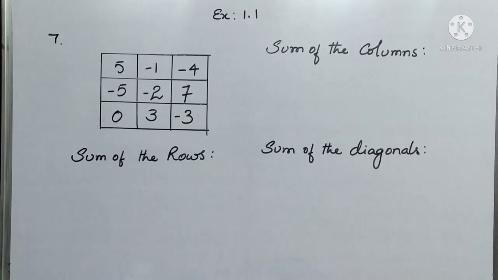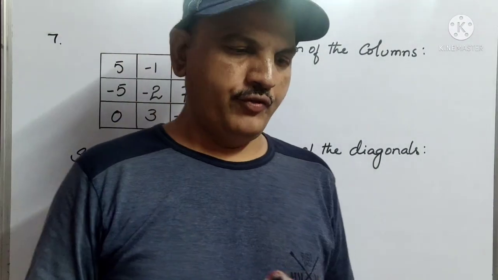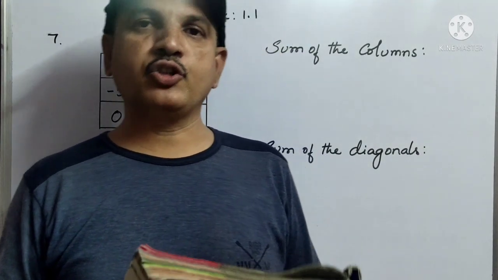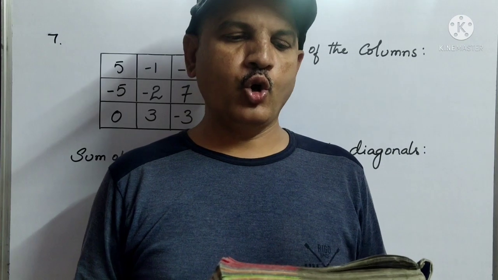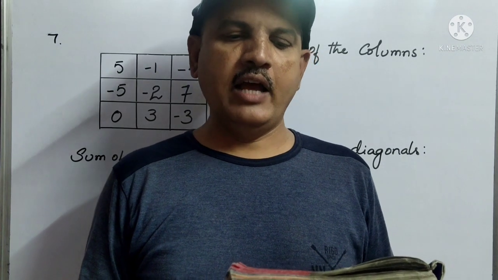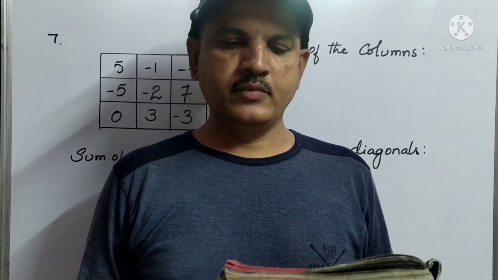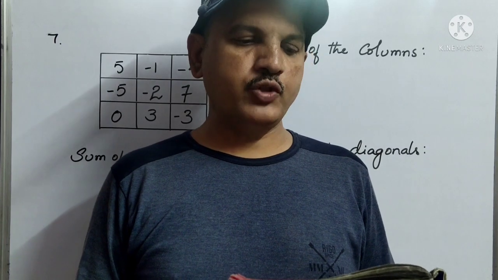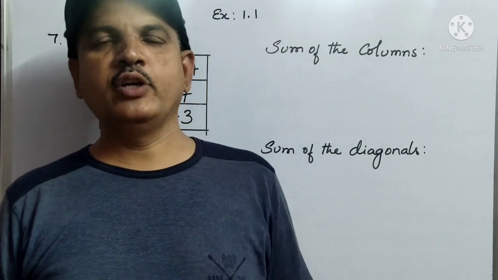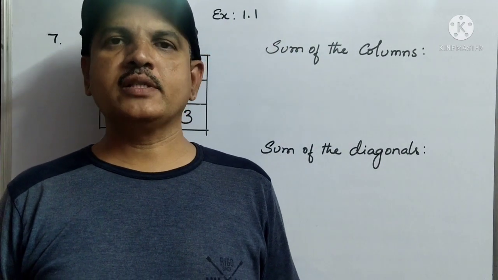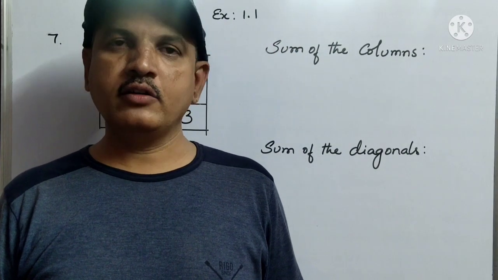Now see the same exercise only. If you clearly observe there, the 7th question. In a magic square, each row, column and diagonal have the same sum. Check which of the following is a magic square. Okay, so until we solve the problem, we cannot say whether it is a magic square or not.